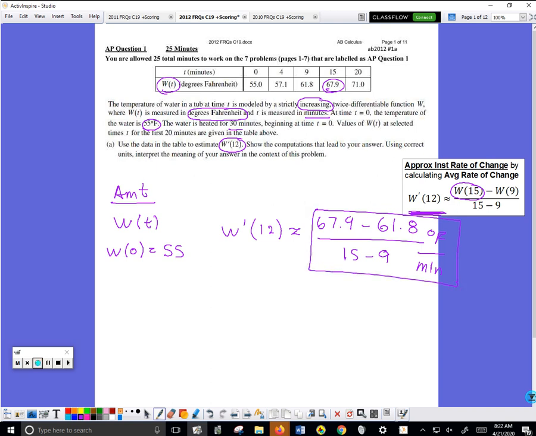Then they ask for an interpretation, so we just have to write that out in English. So we say the water temperature, this is where the pen is a bit of a problem here. Water temperature is, this would be an increase.